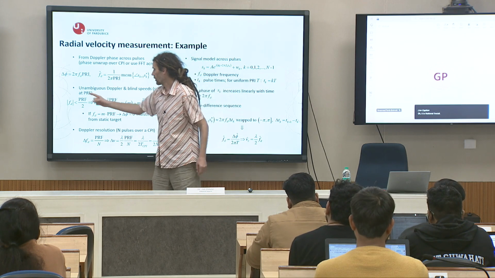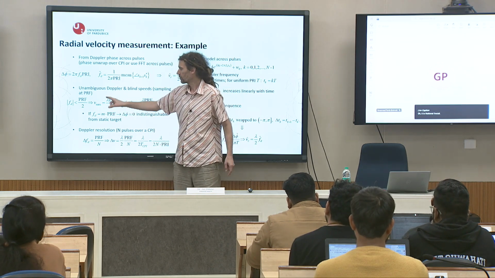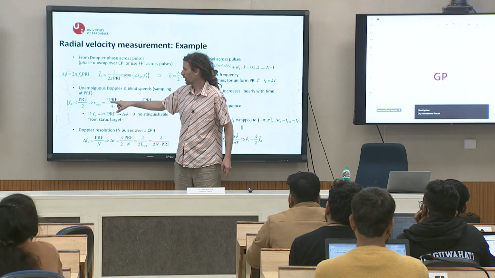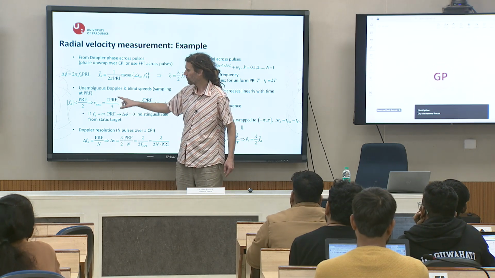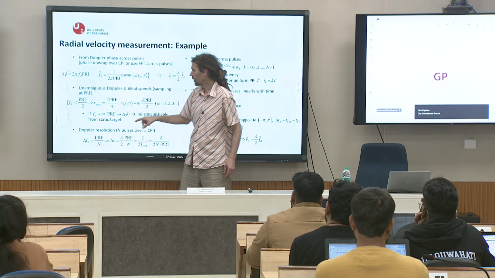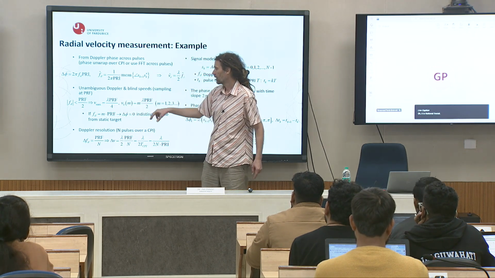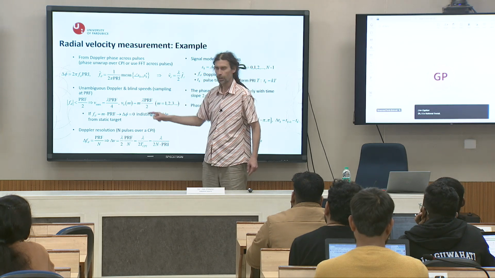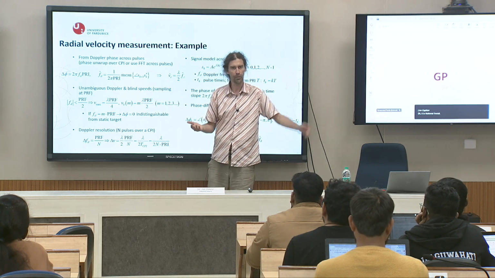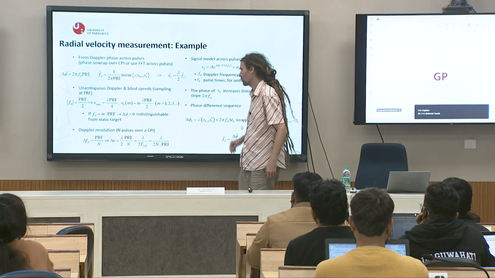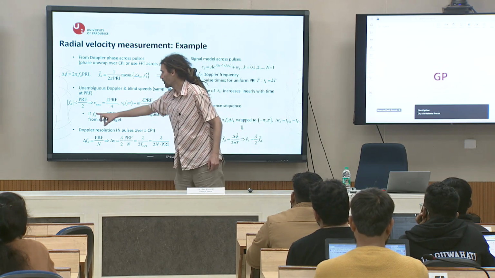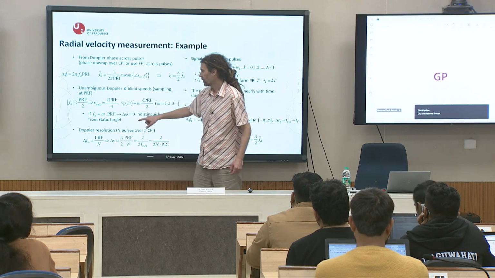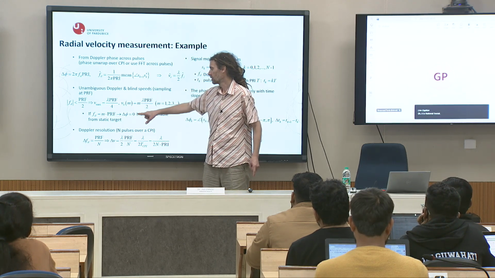So, if I recompute, the maximal speed will be lambda multiplied by PRF divided by 4, and the blind speed will be m times this, where m is an integer, because I always receive the same value. It is just a multiplication. So if fD is equal to m multiplied by PRF, dF is 0.